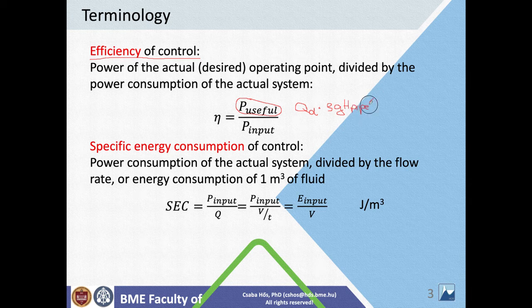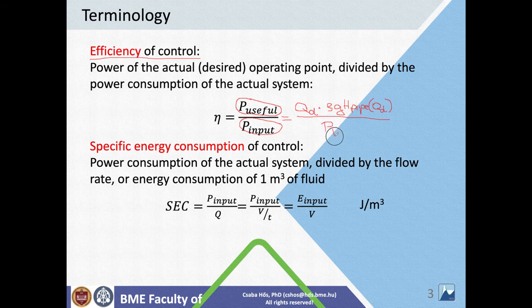So what would be the head and the flow rate and the power that would be needed to push this amount of flow rate into the pipeline system? Whereas the input power is simply the input power of the pump.